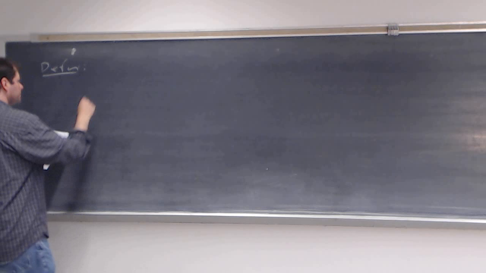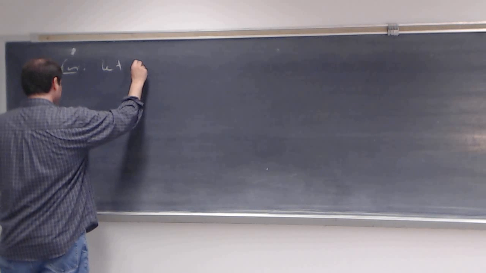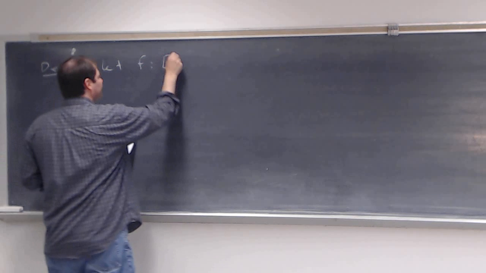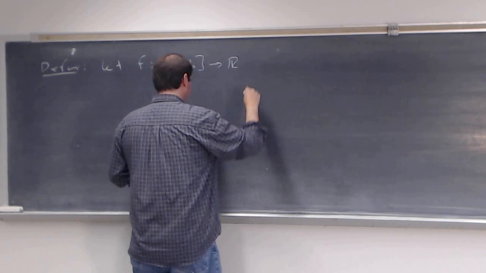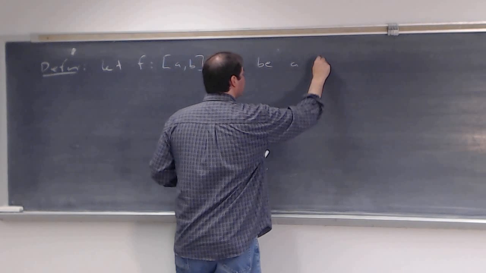In a definition, we said that we let f be defined from the closed interval from a to b into R, so it's a real valued function, a bounded function.